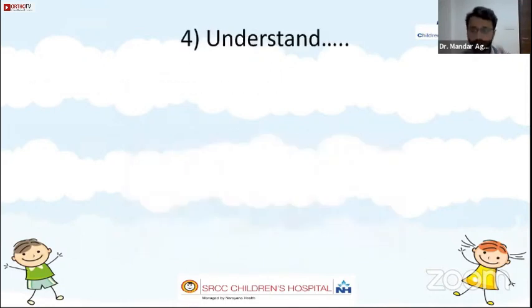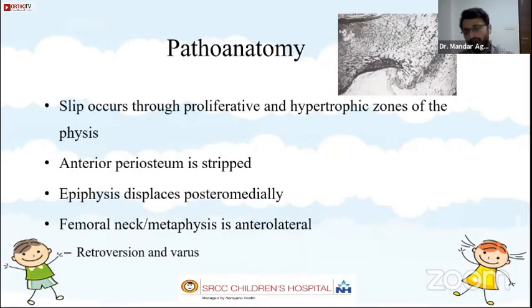We should understand what is slipped capital femoral epiphysis. What is very important to know is that slipped capital femoral epiphysis is different than a traumatic Delbet type 1 fracture. A traumatic Delbet type 1 fracture has a severe slippage, but there are no secondary changes in the metaphysis and the epiphysis. In this case, it's a slow type 1 Salter-Harris injury, which is going through the proliferative and the hypertrophic zones of the physis.